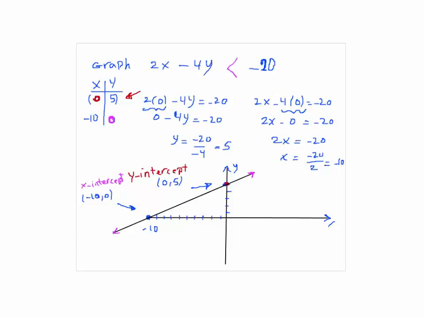So this line itself would be 2x minus 4y is equal to minus 20. That's what we graphed. Okay. If the statement says less than minus 20, can somebody tell me how would you handle that if there were an inequality? How do you graph that?